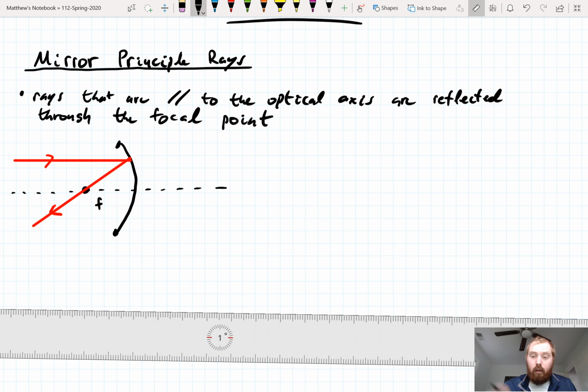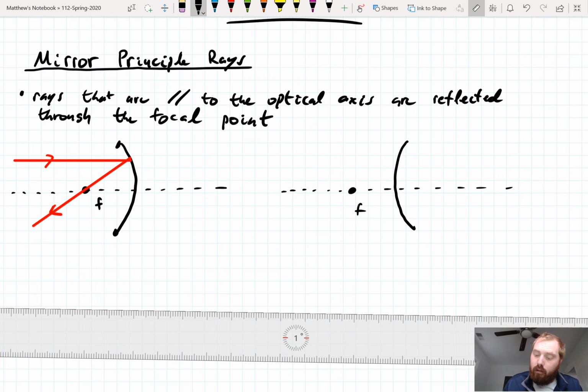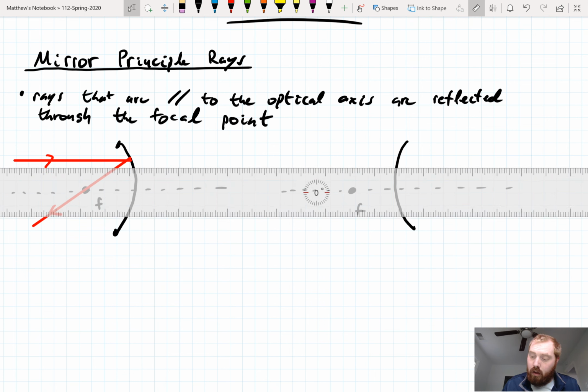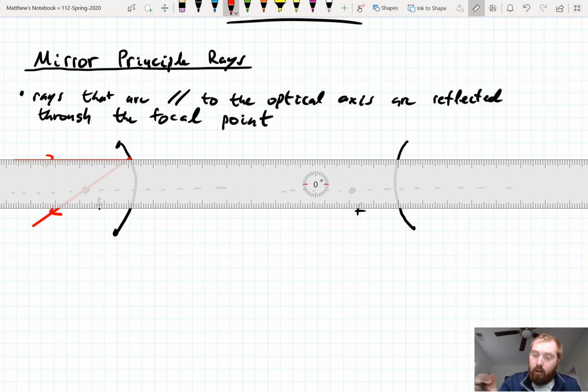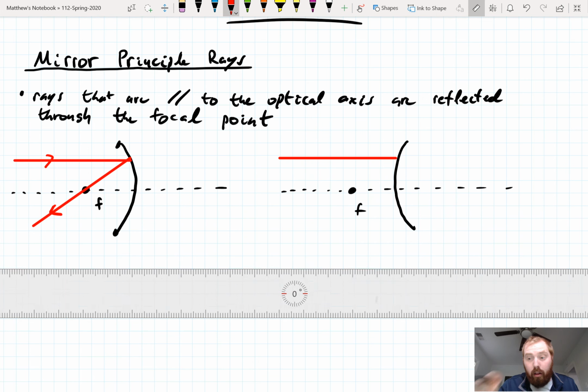Similarly for the convex mirror. Here's our convex mirror. Here's our optical axis. Put the focal length there. And let's just send a ray in, coming in parallel to the optical axis. Oops, that focus is in the wrong spot.